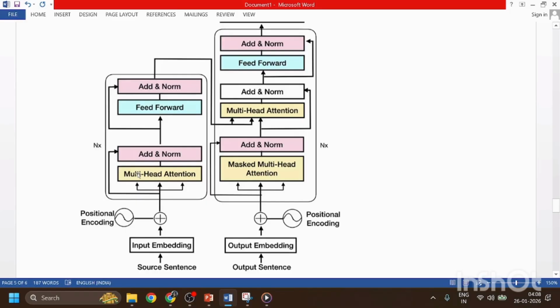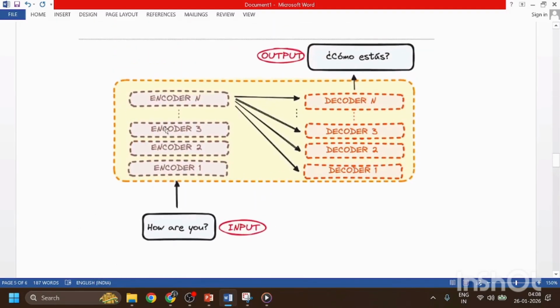After passing through all encoder layers, we get a context aware representation of the input sentence. I already showed you we have multiple layers, one, two, three, four, the encoder layers one by one, and they follow the same structure.